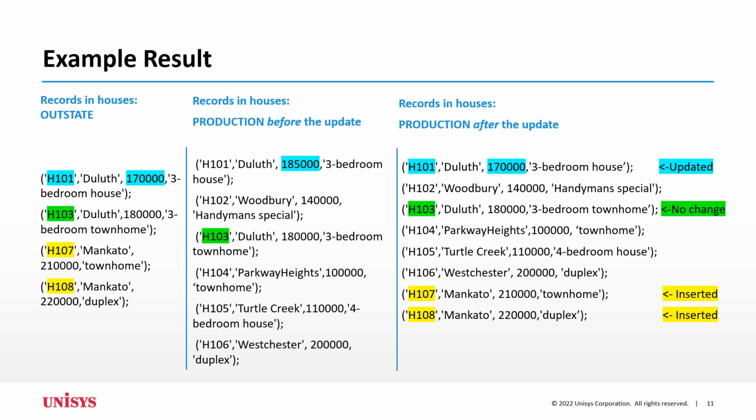H103 has the same value in both tables, so the row containing H103 in houses version production was not changed. Houses H107 and H108 were not in houses version production, so they are inserted into houses version production from houses version outstate.